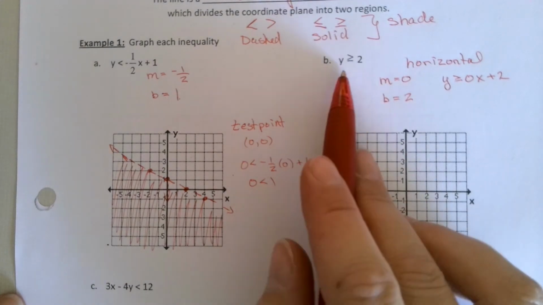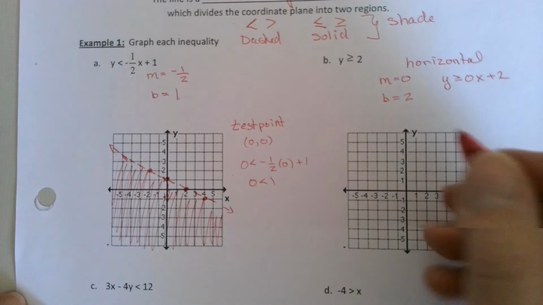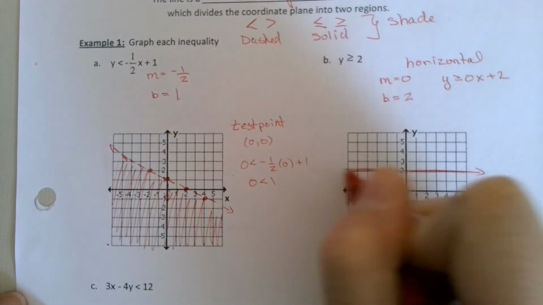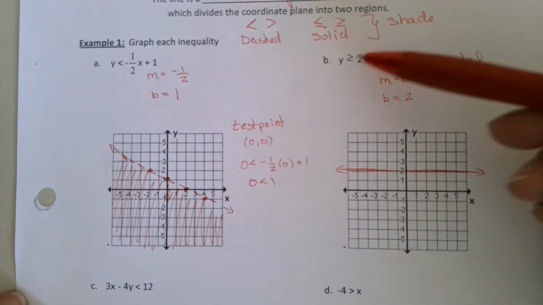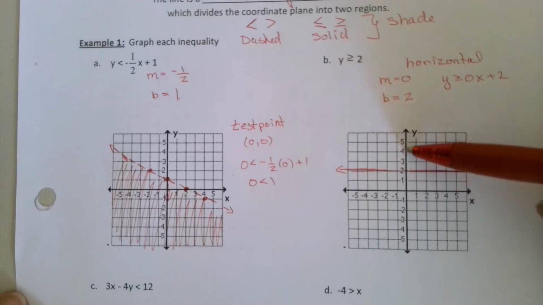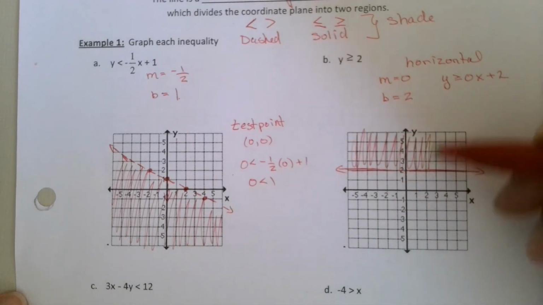I like to look at this and say it cuts through the y-axis at 2. So here is a solid line because it's allowed to be equal to. Here's my solid line. And again, y is greater than. So if I look at my y-axis, as I go up, it's greater. So I'm going to go ahead and shade this top region.